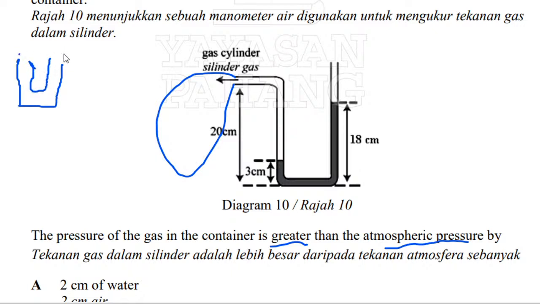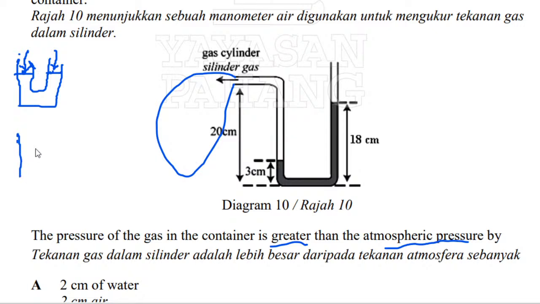If the left and right side are not connected to any gas container, the liquid in the manometer will be at the same level, which means left and right side have the same pressure. Because if not connected to any source of gas, the pressure here will be the atmospheric pressure. The left side also will be acted on by the atmospheric pressure. So these 2 points will be at the same level. It means the pressure on the left and the right side is the same.